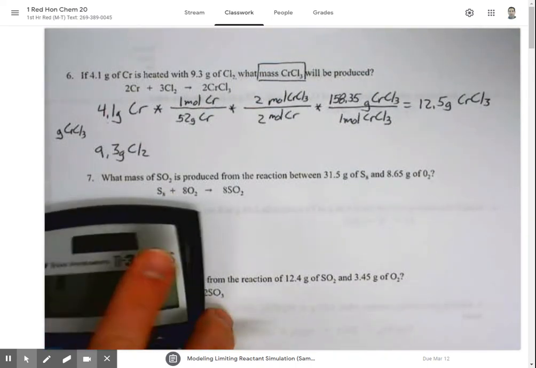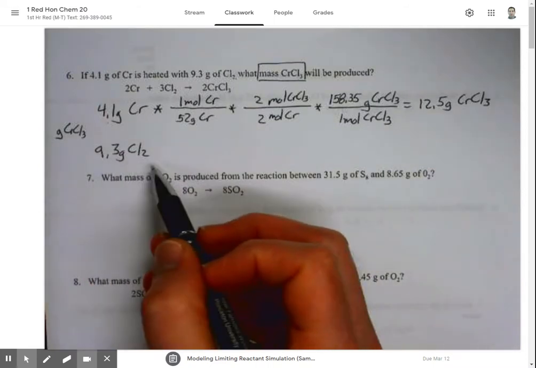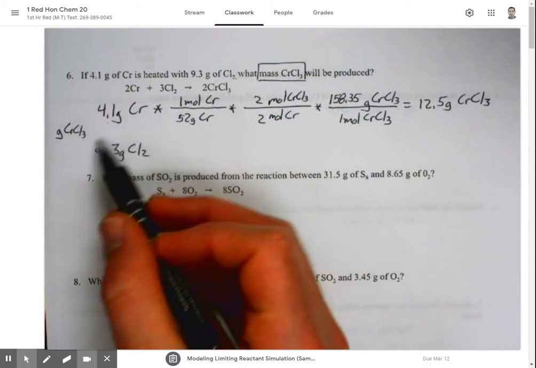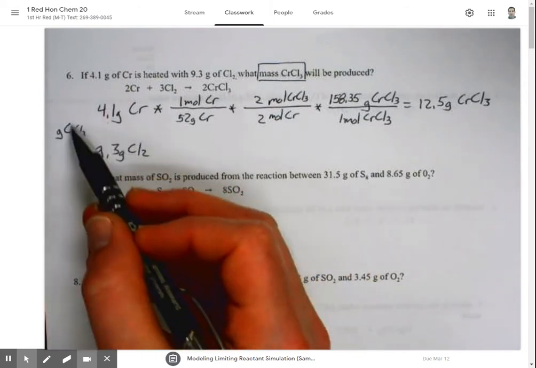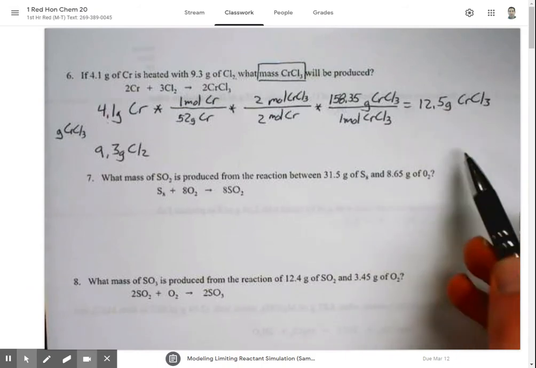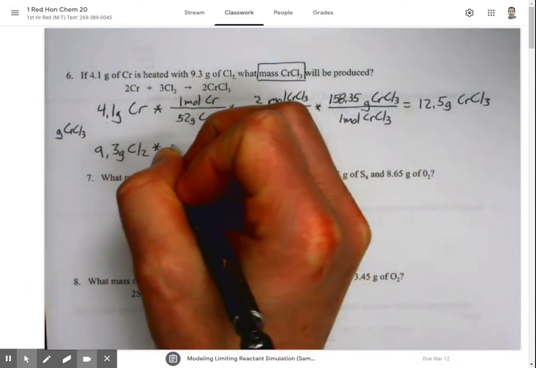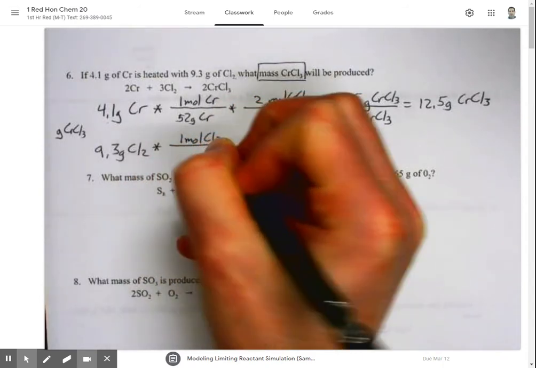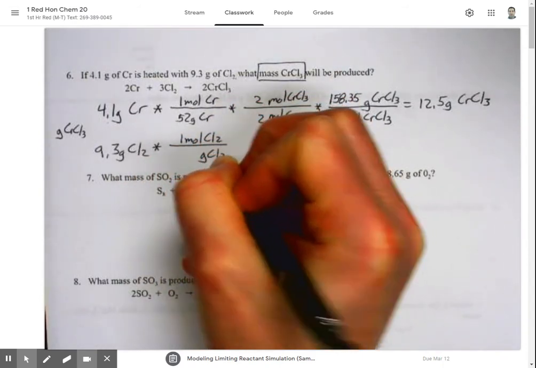Now we're going to do the same thing, only now we're going to assume that we're able to use up all the chlorine. And if we can turn all the chlorine and calculate how much chromium chloride we get from that, then we can compare our 2 answers. So a mole of chlorine, since chlorine is diatomic, it's Cl2.